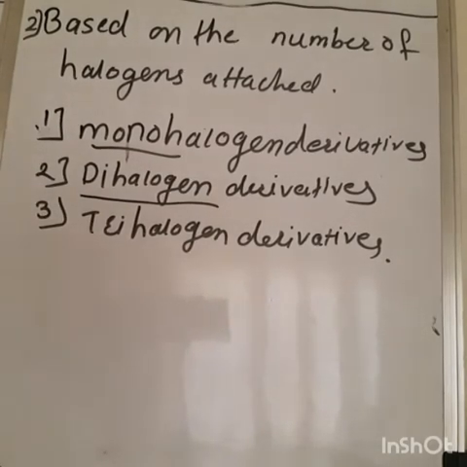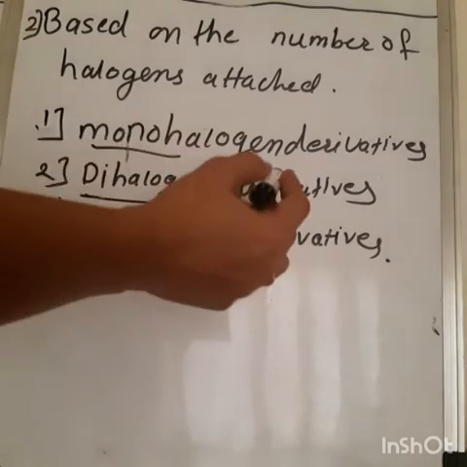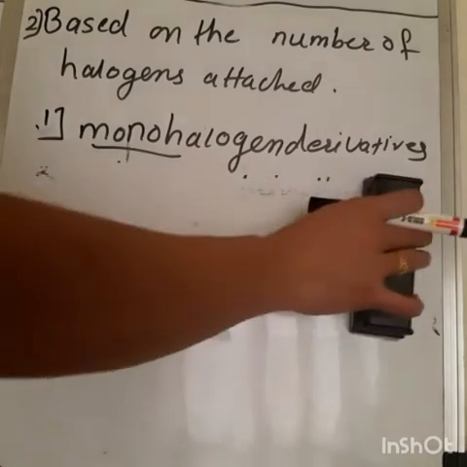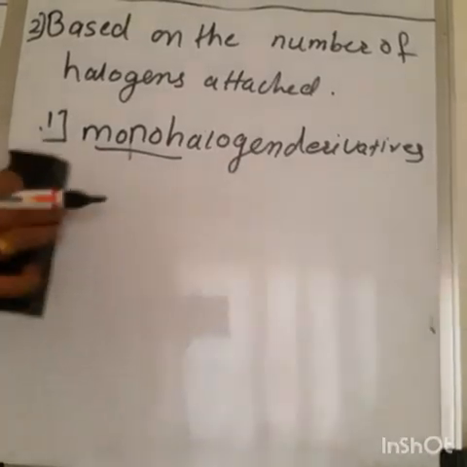These are the compounds in which two halogen atoms are attached to the hydrocarbon. And what are trihalogen derivatives? These are the compounds in which three halogen atoms are attached to the hydrocarbons.